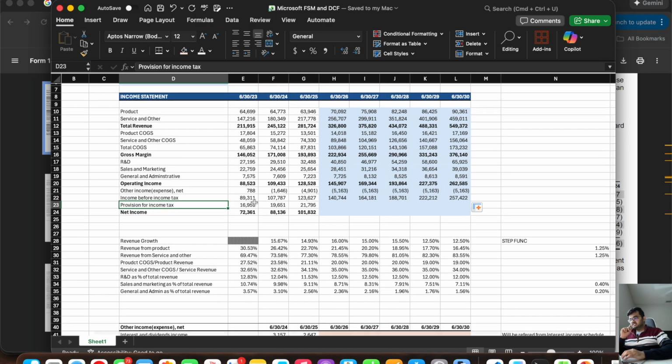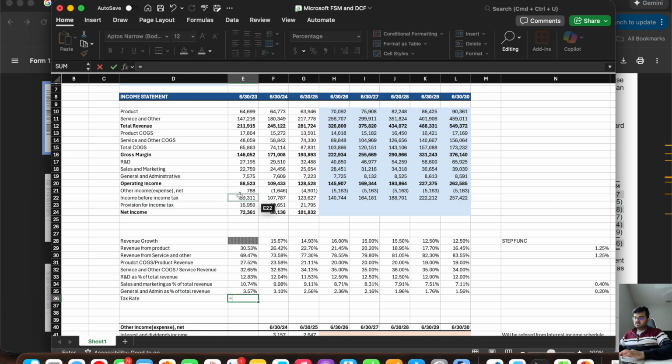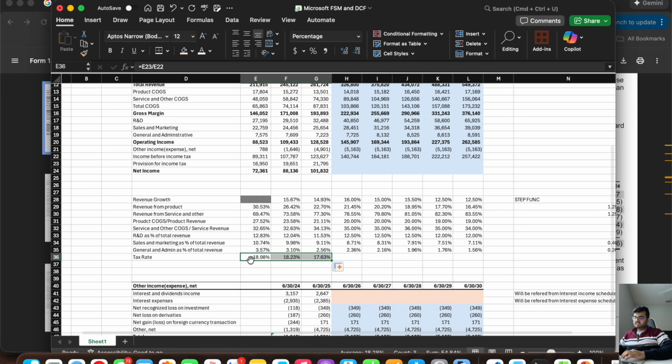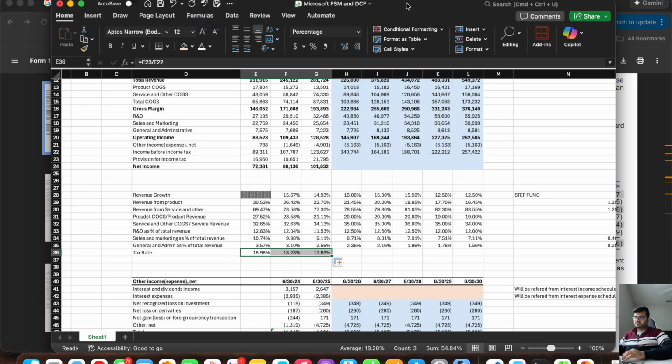For this, let's first evaluate what the tax rate is for the last 3 years. I'll just come here, just put in tax rate. Tax rate is the tax they have paid divided by the taxable income. So with this, let's see the numbers. We could see for the last 3 years, on average, they have paid around 18%.